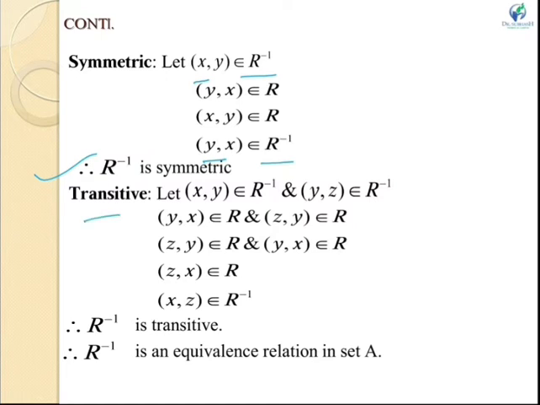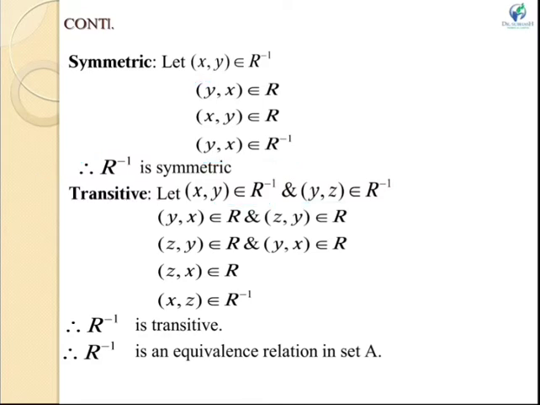Now let's move towards the transitive property. Let (x,y) belong to R inverse and (y,z) belong to R inverse. What we have to prove is that (x,z) must belong to R inverse.